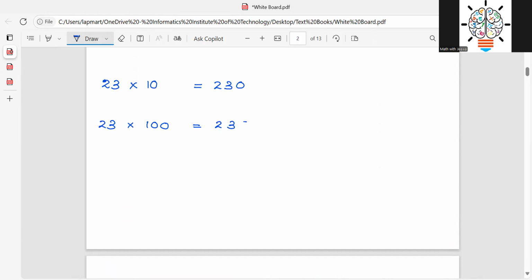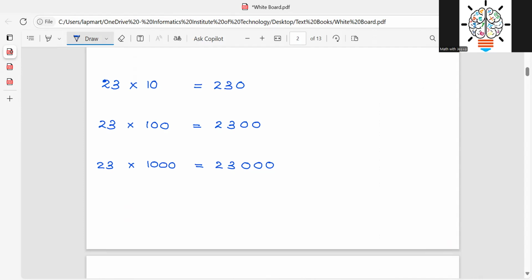And if I multiply the same 23 by 1,000, it is like this. This is very easy. Any number, when you multiply by 10, you just add a 0 at the end. When you multiply it by 100, you just add 2 zeros at the end.